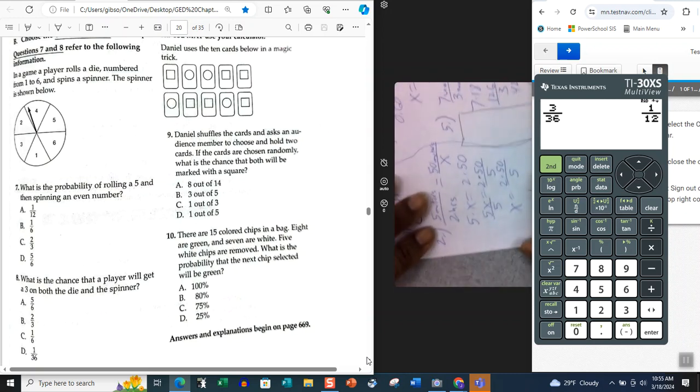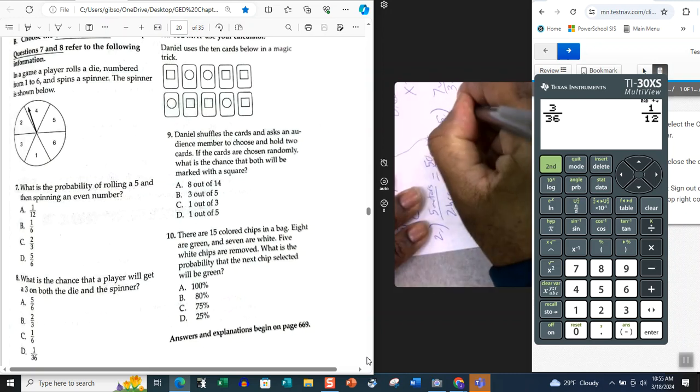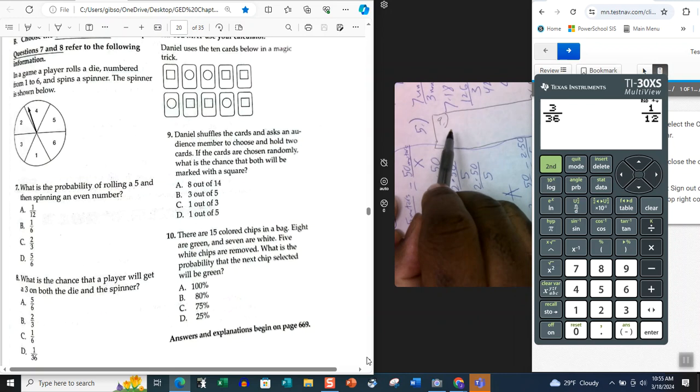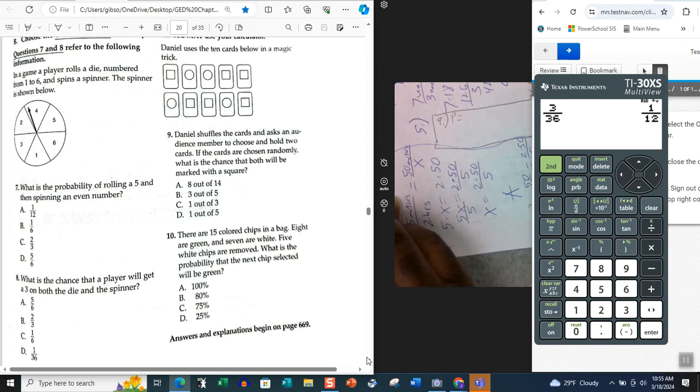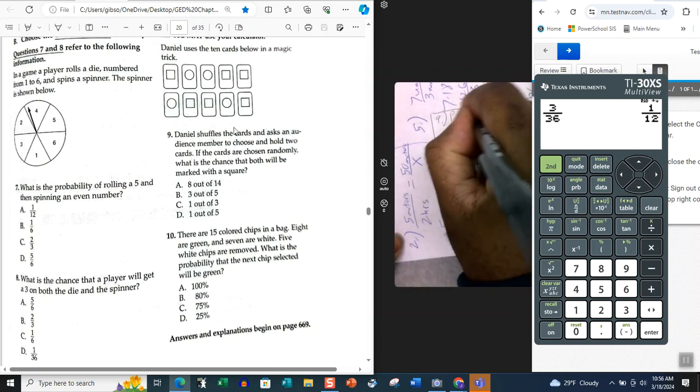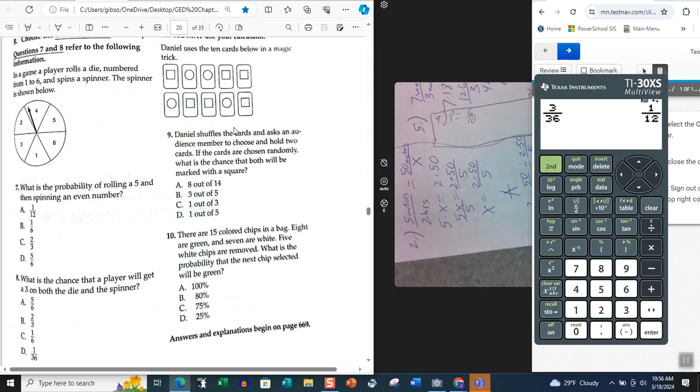So, what we would do with problem number 9, okay, so it's 10 cards. What is the chance that both will be marked with a square? So we had, what's that, 3, 4, 5. We got 6 that are squares, 6 out of 10. So it's 6 out of 10 for the first draw.